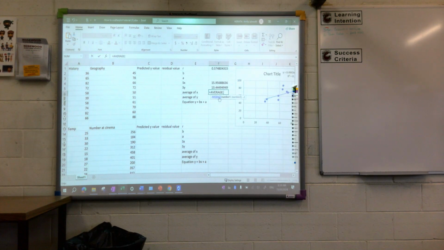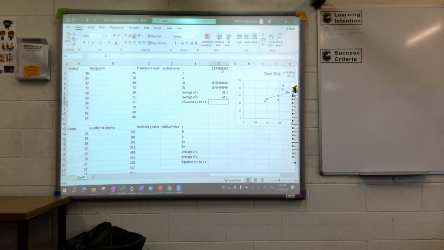That first function, we're going to take our X values for average of X, close the bracket, hit enter. For our Y values, take the average again, highlight your Y values, close the bracket, hit enter.